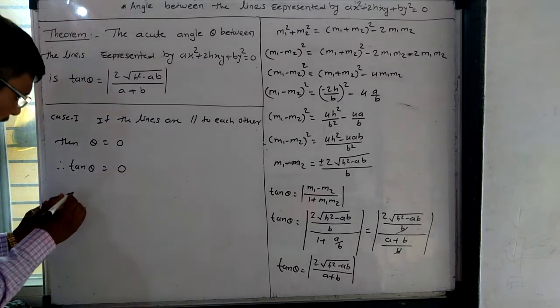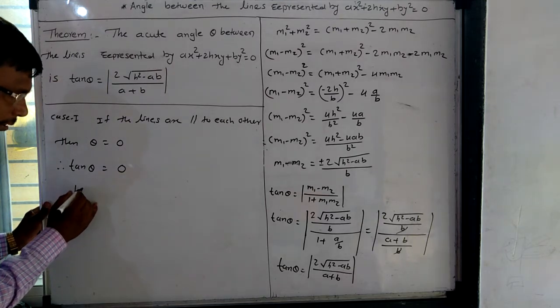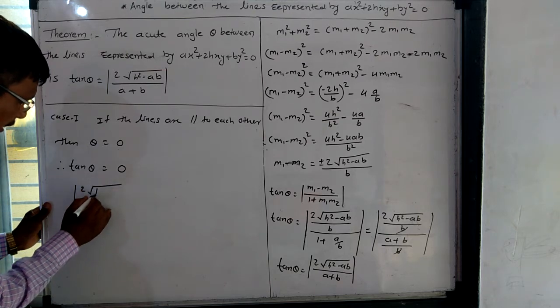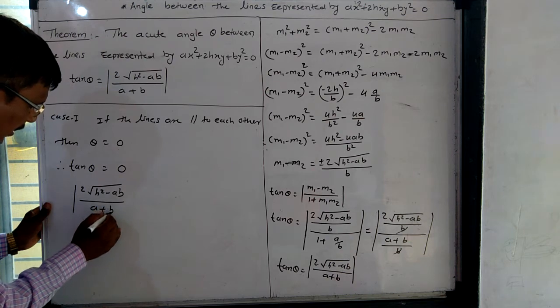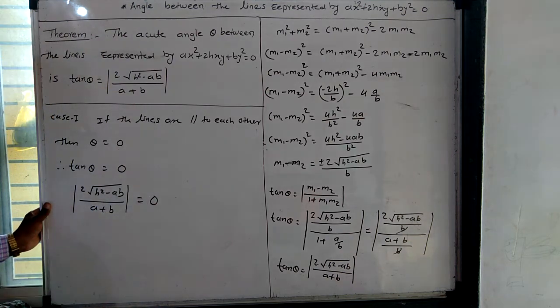And this implies that mod of 2 root of h square minus ab divided by a plus b is equal to 0.